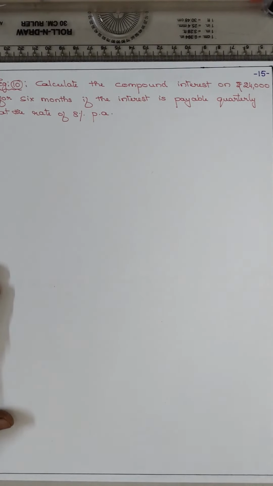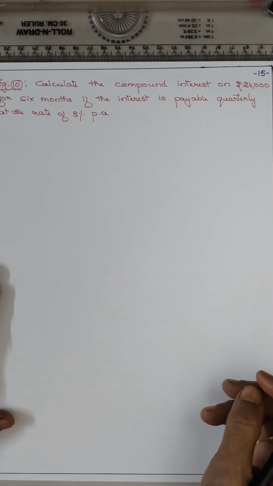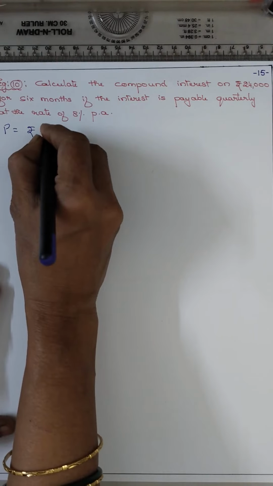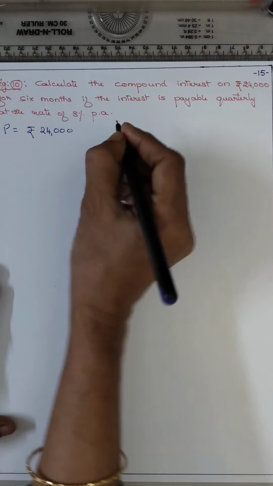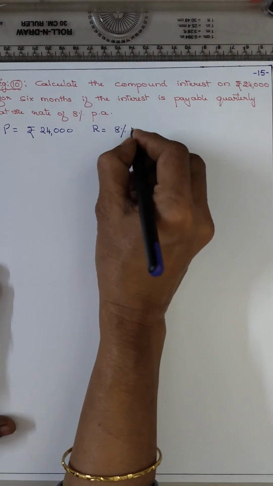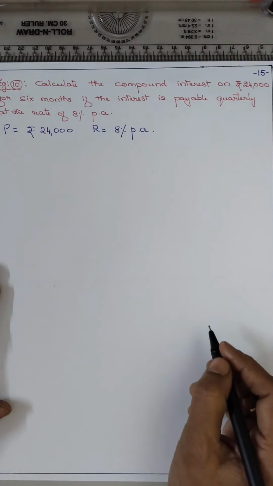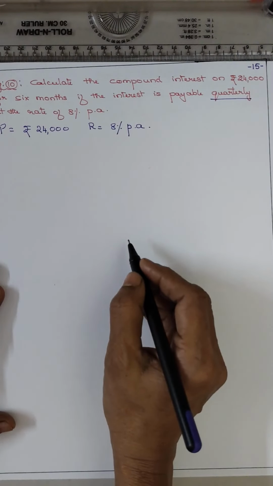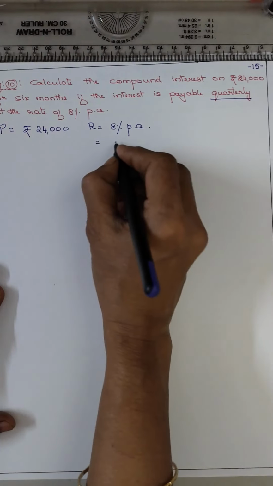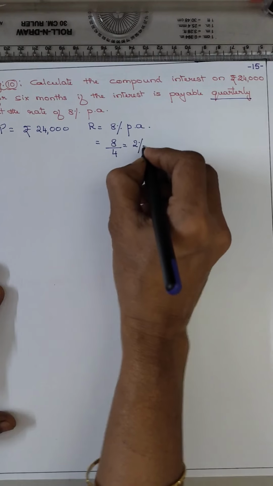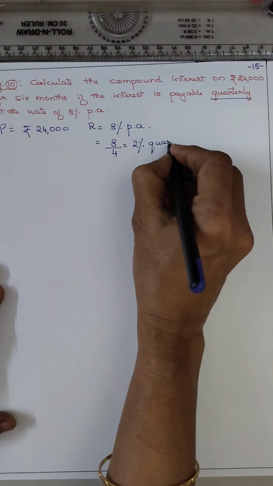Calculate the compound interest on rupees 24,000. So P is equal to rupees 24,000. R is equal to 8% per annum. Now payable quarterly. Quarterly means what we have to do? Divide by 4. So it became 2% quarterly.